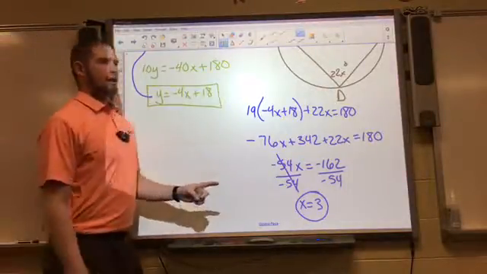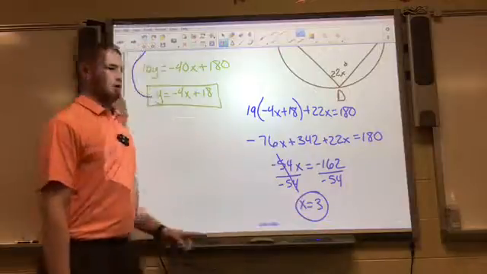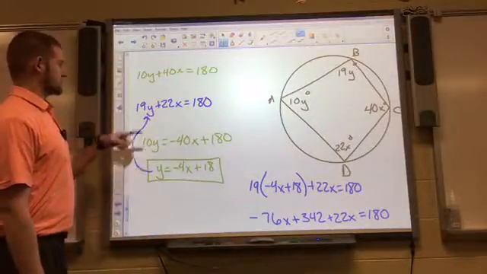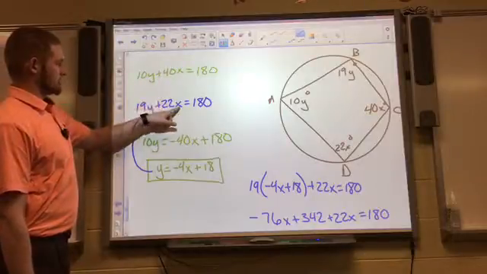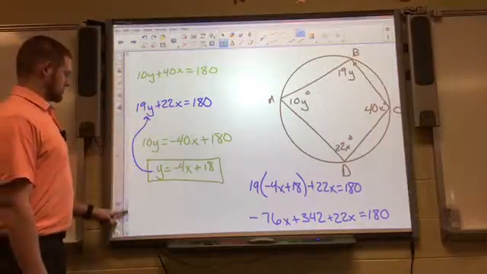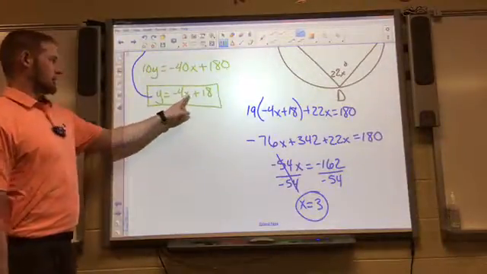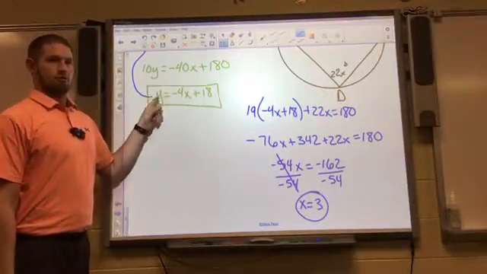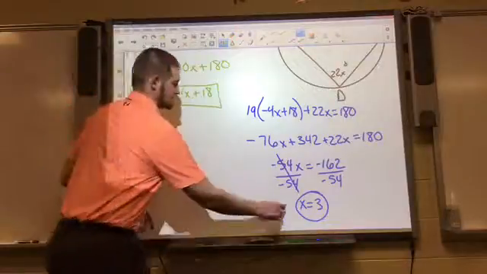Now, I know what x equals, right? So, does it matter where I plug it back in to figure out what y equals? No, you could plug it in here. You could plug it in here. I'm going to suggest that you plug it in here, because I already solved this for y. There's not really any solving, just a little simplifying.